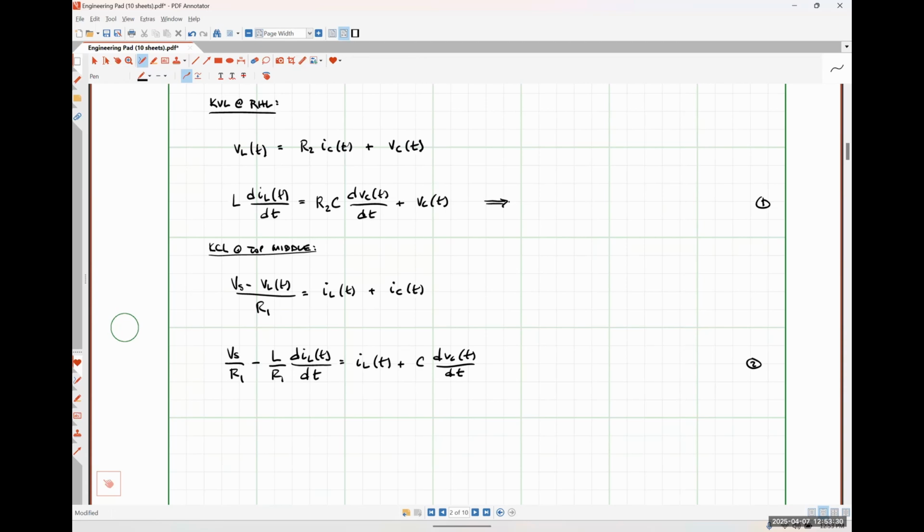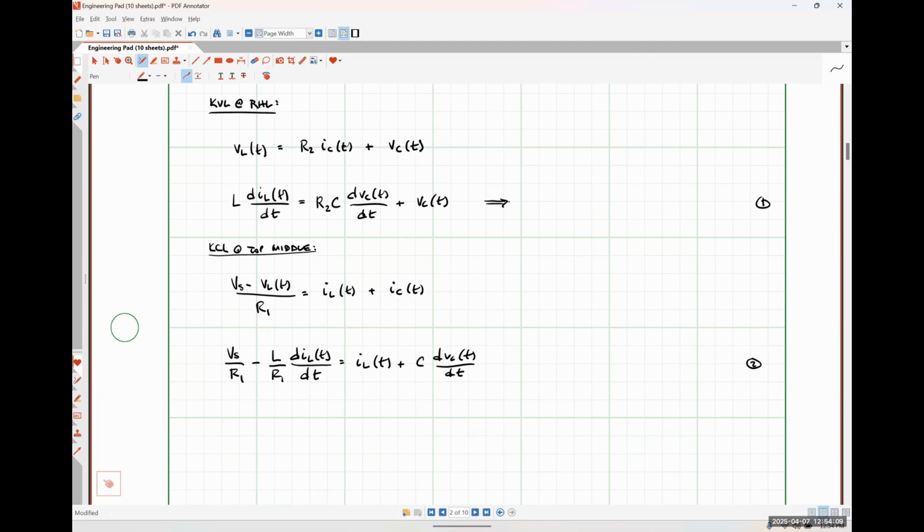So my initial inclination was to essentially solve for VC here, which would have given me VC is equal to L dI by dt minus R2 times C times the derivative of my voltage. And then I could take the derivative of that and I'd wind up getting an expression for dVc by dt.